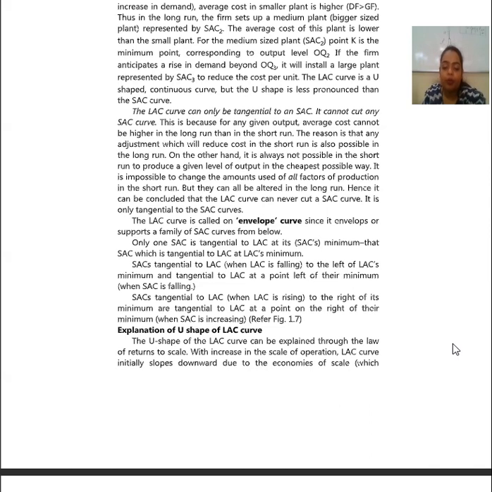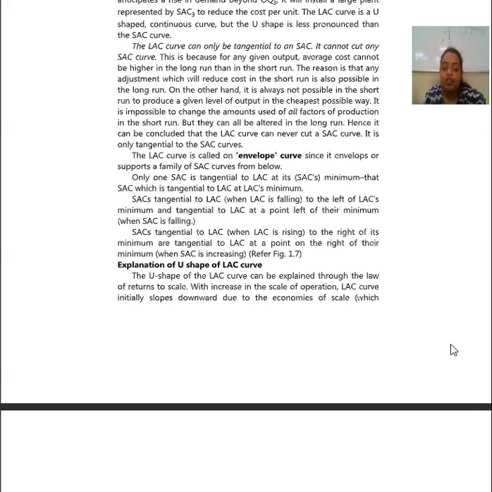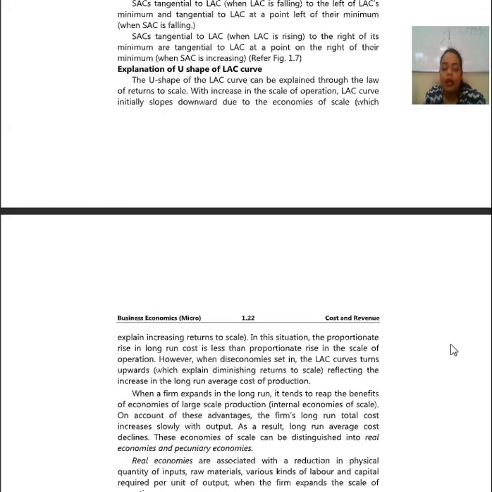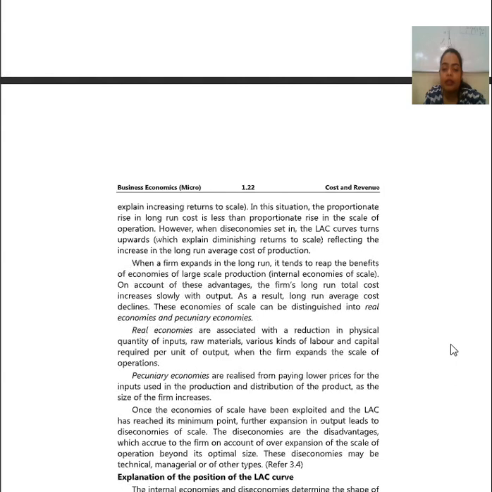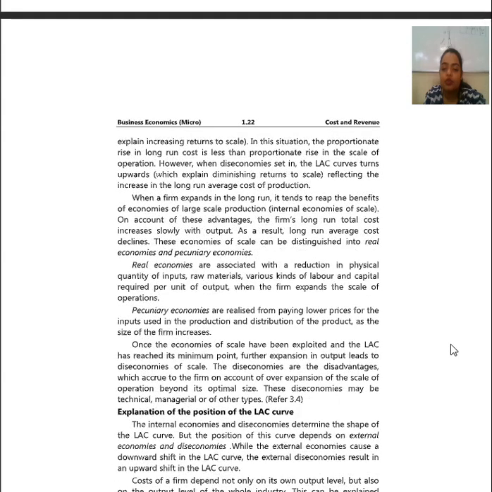Explanation of the U-shape of the LAC curve. The U-shape of the LAC curve can be explained through the law of returns to scale with increase in the scale of operation. The LAC curve initially slopes downwards due to the economies of scale, which explain increasing returns to scale. In this situation, the proportionate rise in long run cost is less than the proportionate rise in the scale of operation.